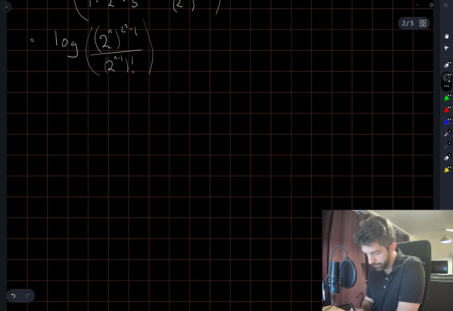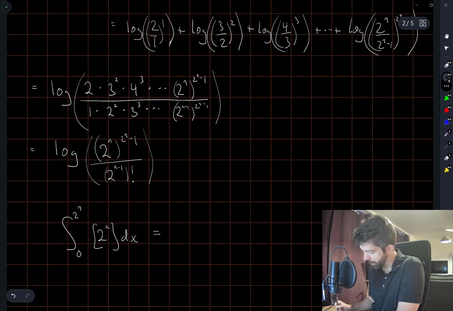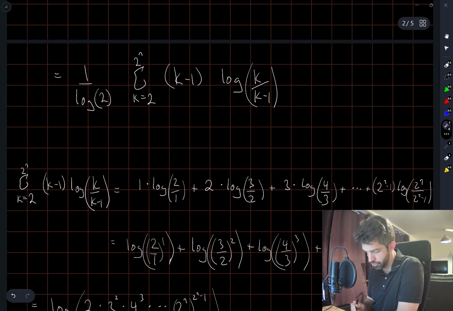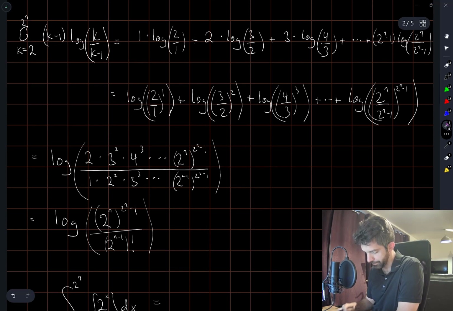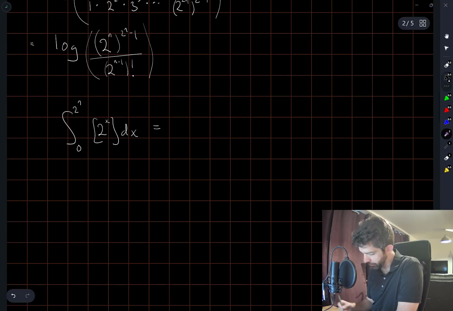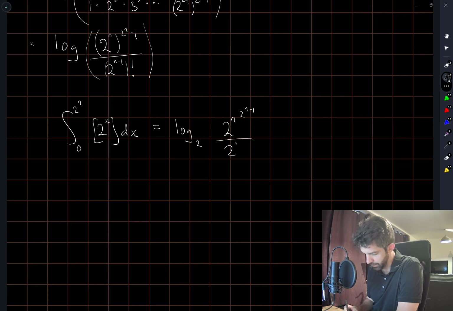So the answer, unless I've made a mistake, is, and remember I've dropped this log 2 here. So all this algebra I did was just for that summation. So this thing should be the base 2 log of this messy thing divided by 2 to the n minus 1 factorial.